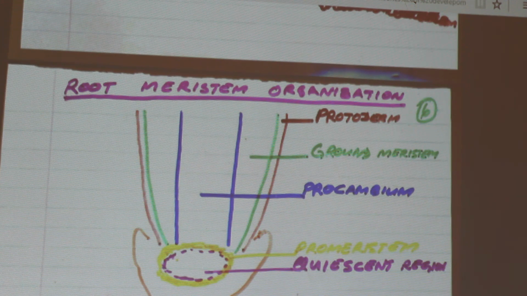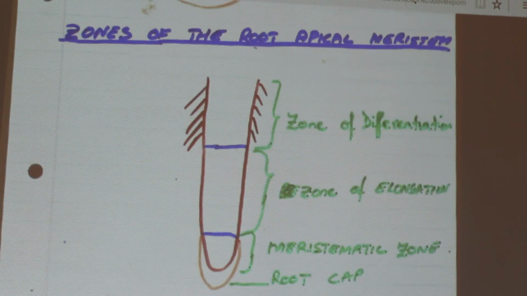Okay, I think now we are all on the same page, and as the root grows, when the cells are produced, they're more or less the same, but they differentiate. That means they change so that they can best perform the jobs for which they are created. Differentiation is away from the meristem. So you have the zone of elongation, the zone of differentiation, which are things you learned at high school. Okay, thank you.